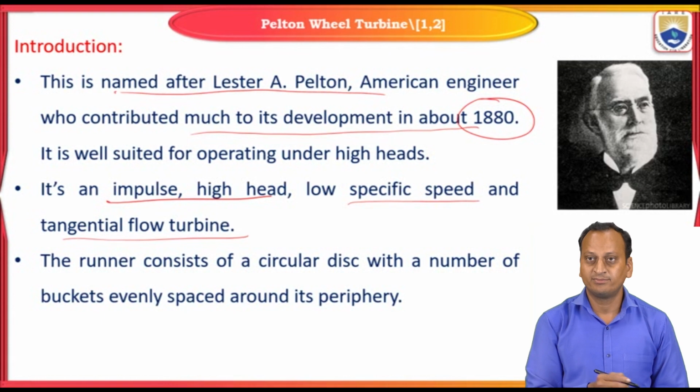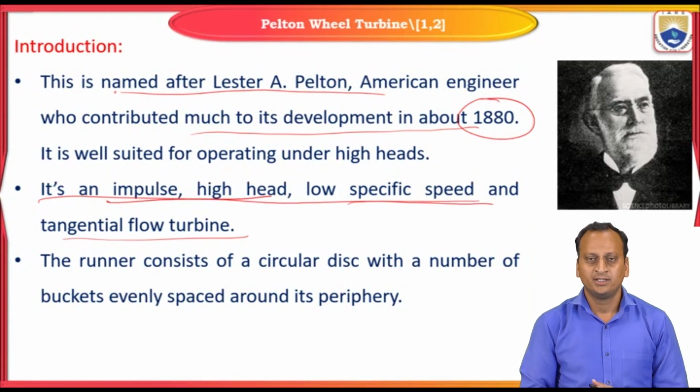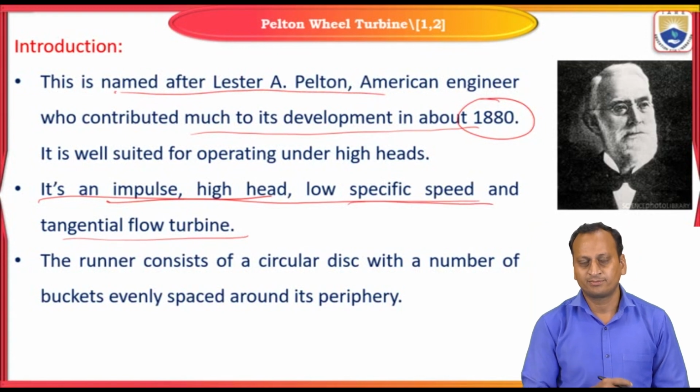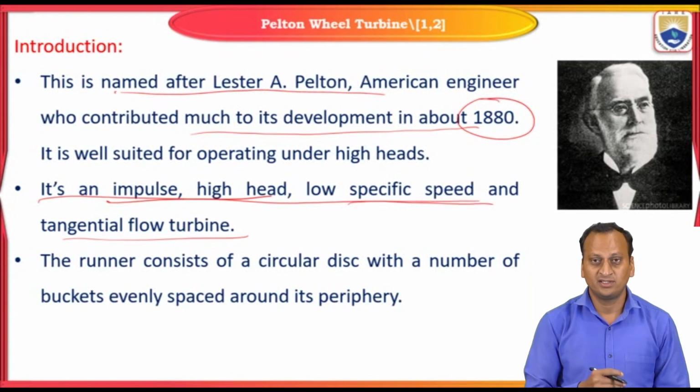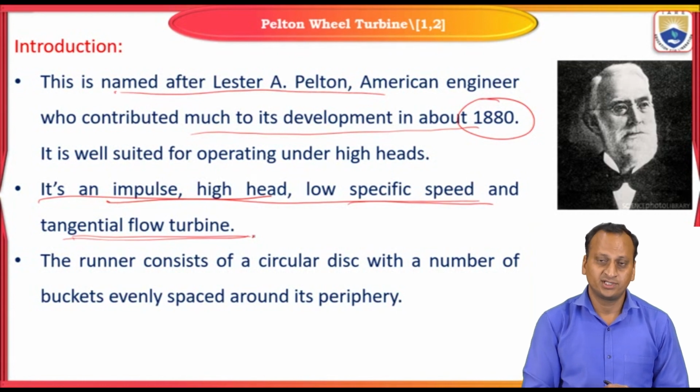The turbine is known as Pelton wheel turbine. So how do you introduce, or how do you express, the Pelton wheel turbine? The Pelton wheel turbine is a high head, low specific speed, tangential flow turbine, and a low efficiency turbine also.